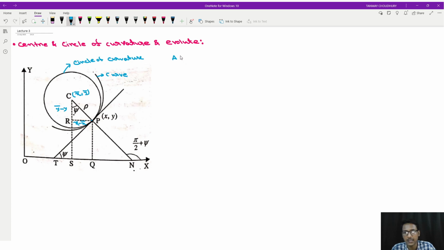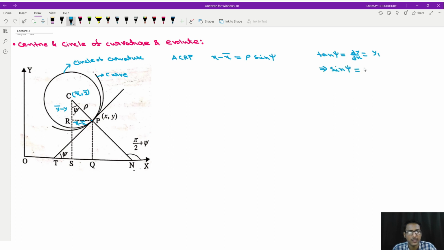From the triangle CRP, we observe that x minus x bar is nothing but rho sine psi. Now we know that tan psi is dy dx, which we denote by y dash. So what will be the value of sine psi?